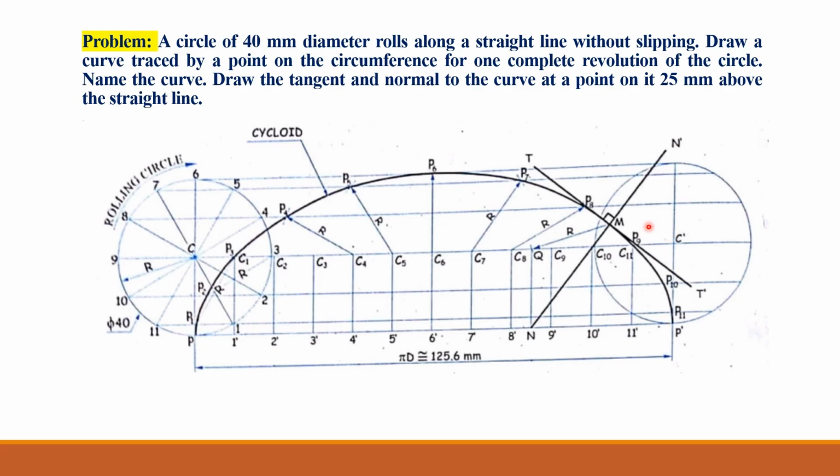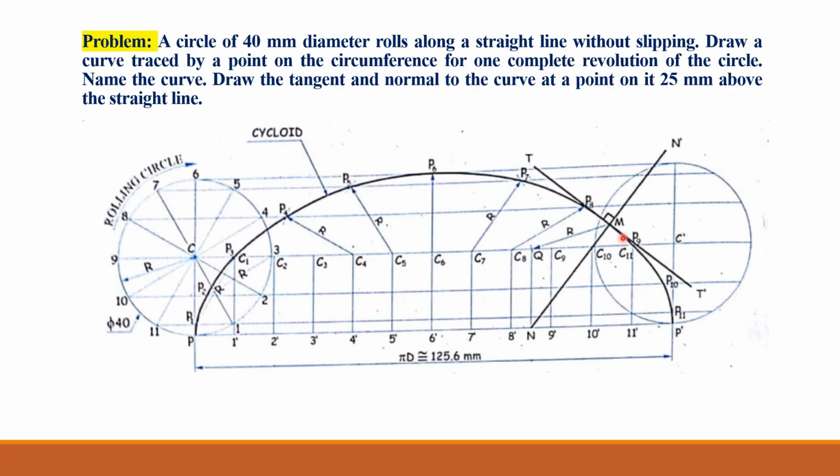Then this horizontal line which is parallel to the tangent line cuts this cycloidal curve at a particular point. Then mark that point and name it M. Then you take the compass in which the distance is already set, that is 20 millimeter, the radius of this rolling circle.